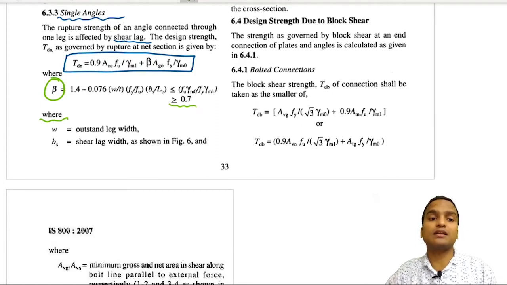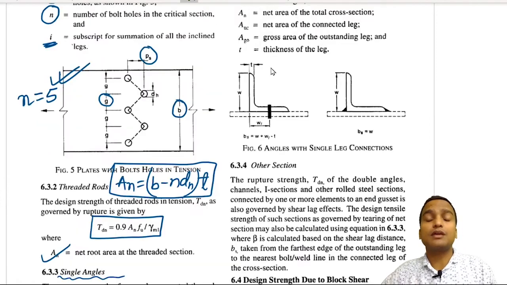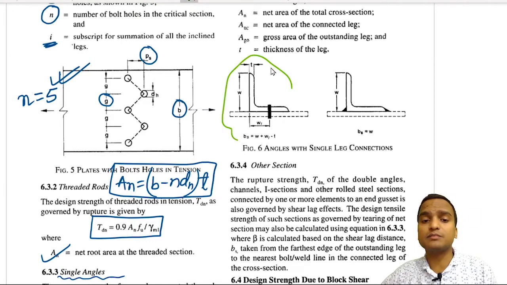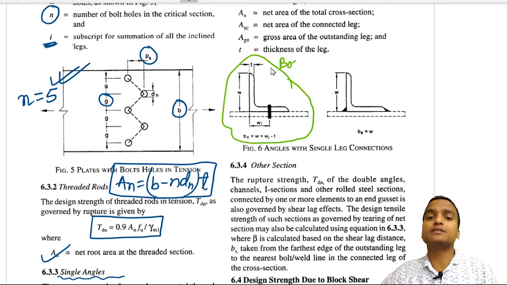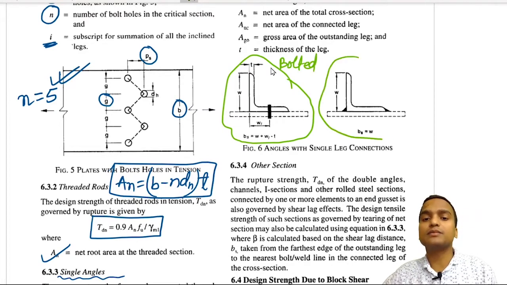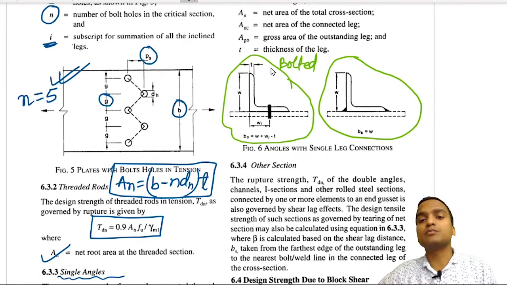To understand w and bs, you have to see this figure. Here there is a single angle in which a single leg is connected with the gusset plate, and this is the diagram in bolted condition. And this is the diagram of a single angle connected in a tension member with the gusset plate in case of welded connection.